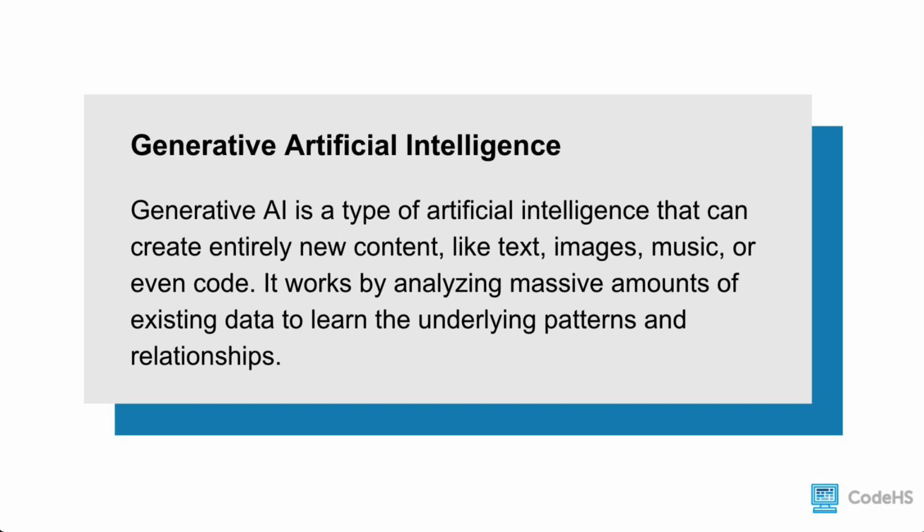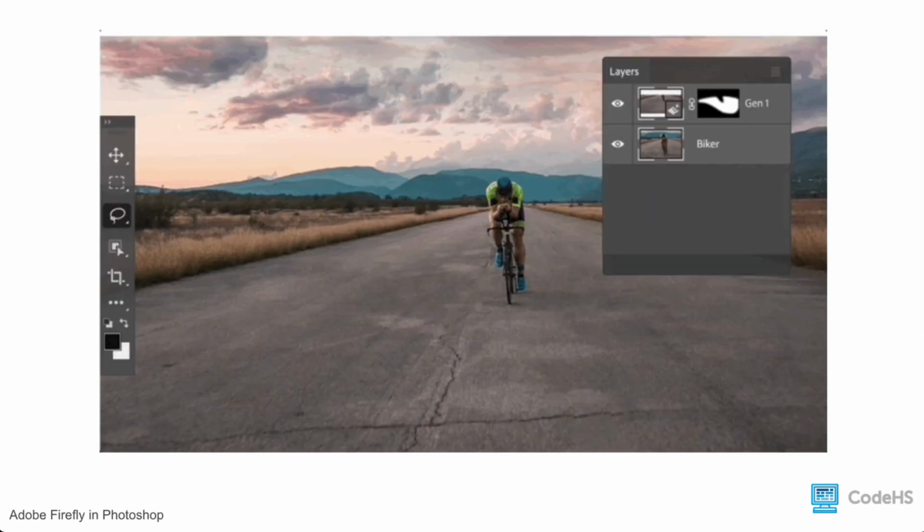Within machine learning types of AI, you find generative AI, a type of artificial intelligence that can create or generate entirely new content like text, images, music, or even code. It works by analyzing massive amounts of existing data to learn the underlying patterns and relationships.